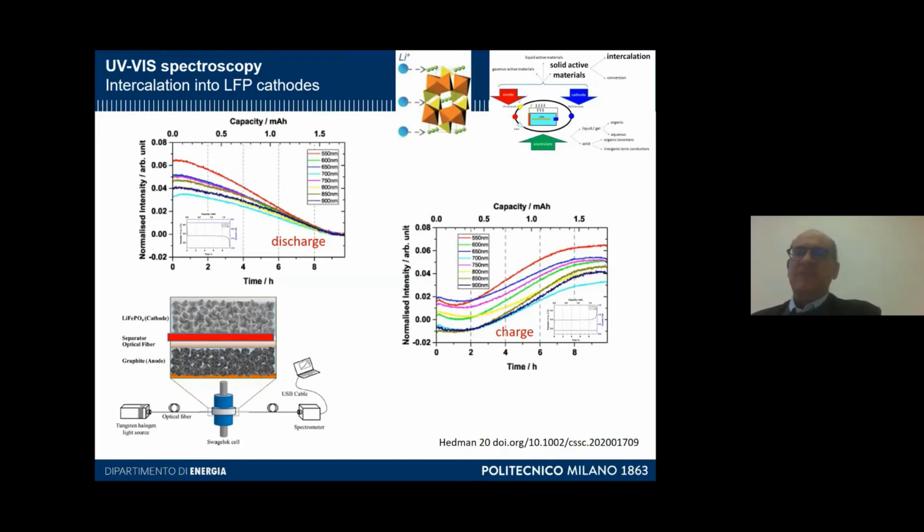So the optical response of the cathode material as a function of the degree of charge or discharge can be employed to monitor the degree of charging of the electrode, essentially the amount of charge that has been stored at a given depth of discharge.